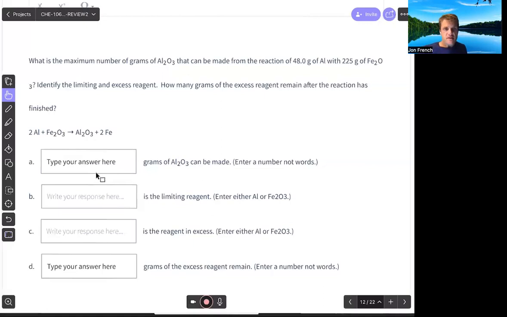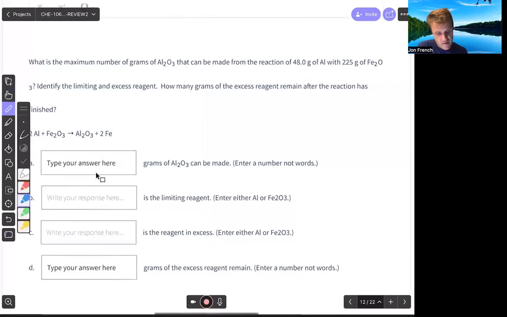All right, so they give us mass in grams. I've got 48 grams of aluminum. Have to do the same calculations, right? So limiting reagent calculation. I have to convert everything to moles first.